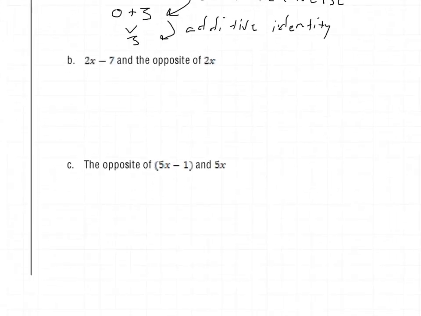Alright, so here we have the sum of 2x minus 7 and the opposite of 2x, so that's going to be 2x minus 7 plus the opposite of 2x, which would be negative 2x. Change this to add the opposite, so I can go ahead and use the commutative property and commute my like terms.